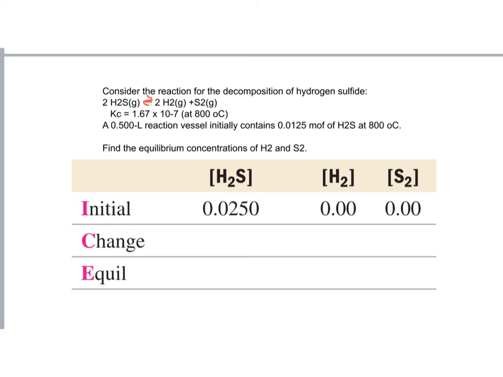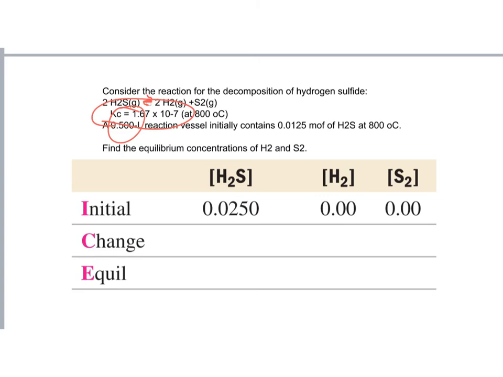Okay, so here we've got a case where they're kind of throwing a bunch of different things at you, but basically they're saying if you've got 0.125 moles of H2S, the concentration is 0.025 because it's a half a liter, right? And then also it's giving you a Kc of 1.67 times 10 to the minus 7th.